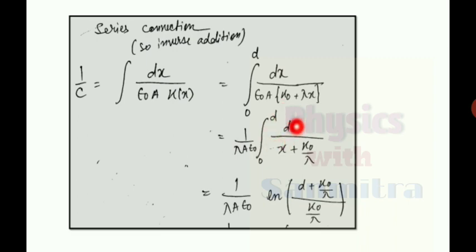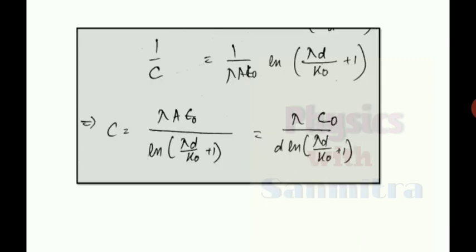Now we'll integrate it, taking lambda common. So 1 by epsilon naught A lambda, integration from 0 to d of dx by x plus K naught by lambda. So 1 by lambda A epsilon naught, integrating this, I will get ln of d plus K naught by lambda over K naught by lambda. So 1 by C is 1 by lambda A epsilon naught ln of lambda d by K naught plus 1.